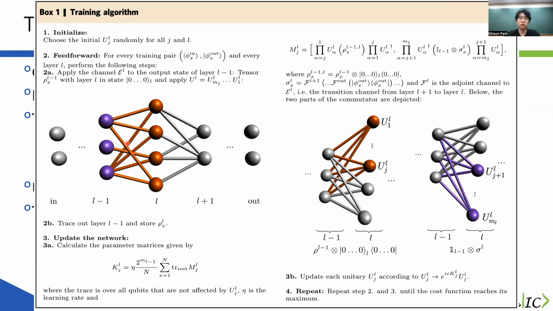I guess it's a design choice. You can apply fully connected layers, but if you know that some qubits should not be related to other qubits, then the fully connected layers wouldn't be needed. So yeah, I guess it's a design choice.